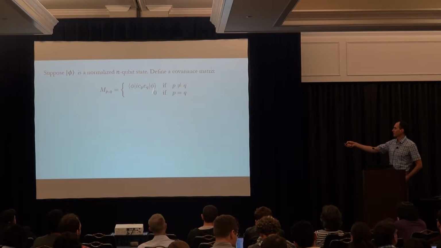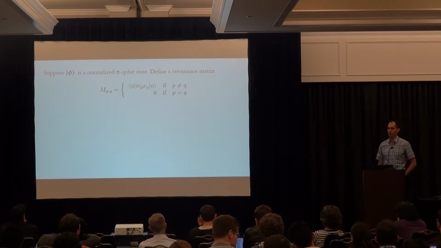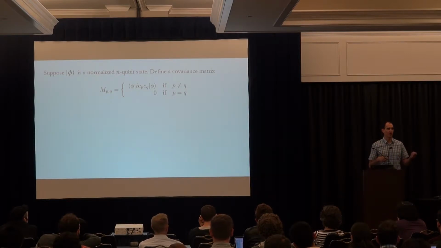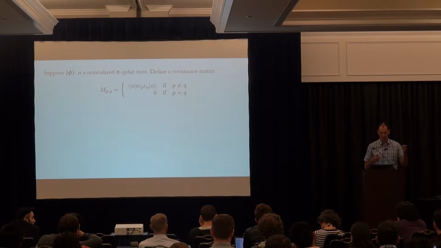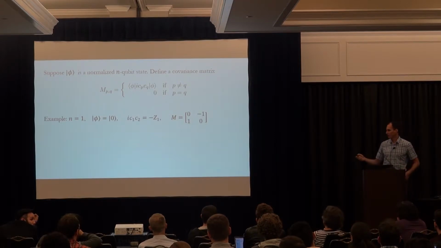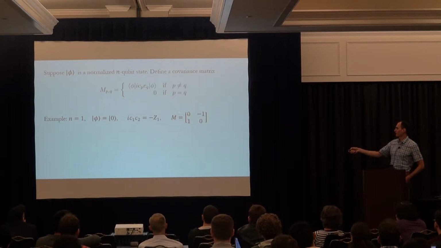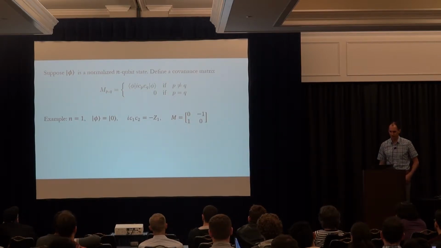Majorana commutation rules imply that this operator is Hermitian, so M is a real antisymmetric matrix of size 2n by 2n. For example, if we have just a single qubit and we consider the zero state, then its covariance matrix would be like shown here.